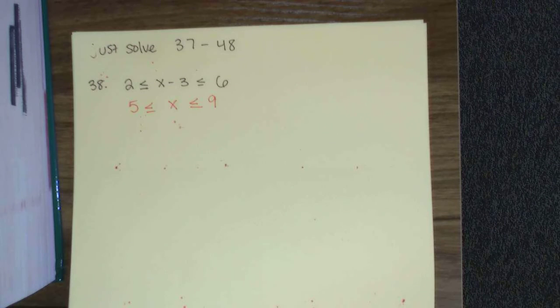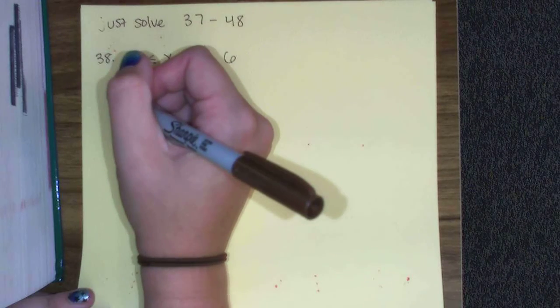Nope. You have to do it like this. X needs to be in the middle. Now, for the OR problems, it won't be. But for the AND ones, you need to leave it like that. Do we need to see another AND problem? We're okay? Okay. I'm going to do an OR one, and I'm going to let you guys work on these.